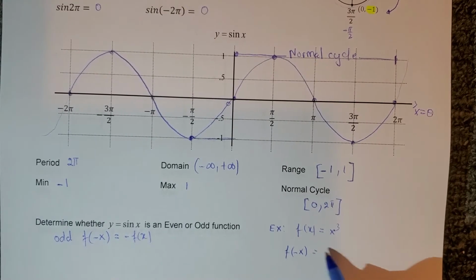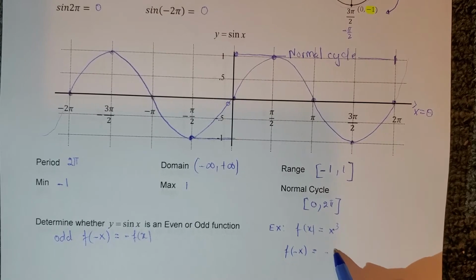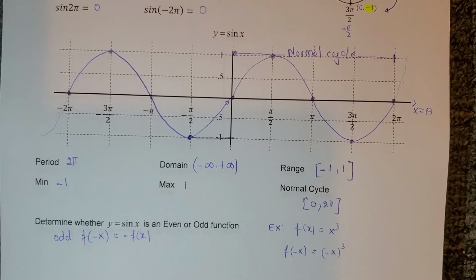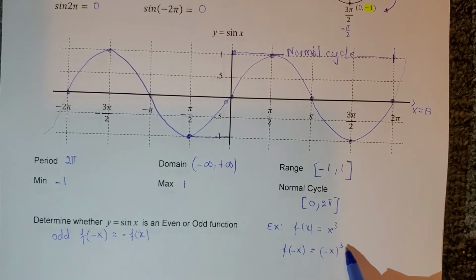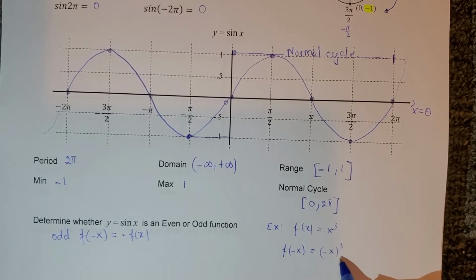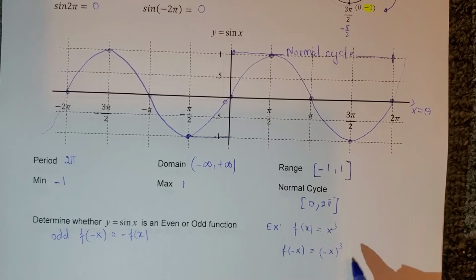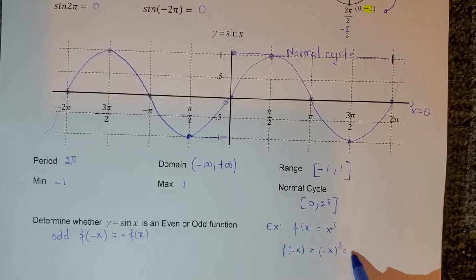That means this one is going to be negative h cubed. Since the exponent here is to the power 3, the negative stays, because this is the same thing as negative h times negative h times negative h. That means it's still negative.